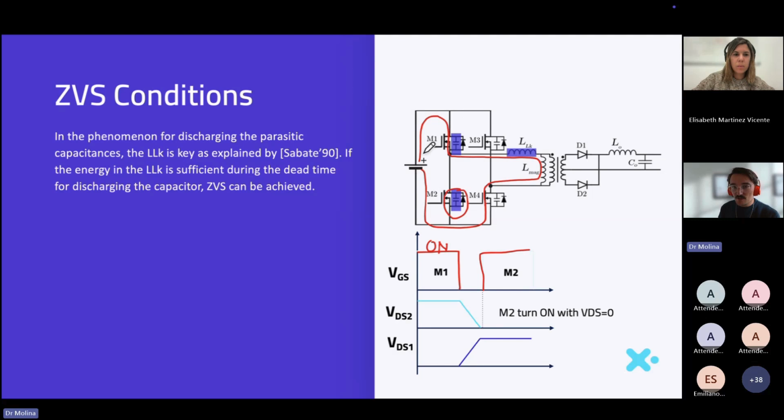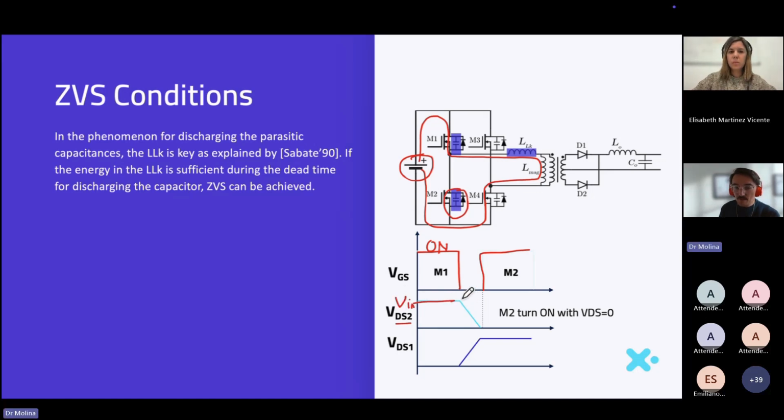You can see this capacitor, VDS2, is this one, and it is charged. So during the time between switching off this one and switching on this one, the goal is to discharge the capacitor of this MOSFET, which is charged to the input voltage.